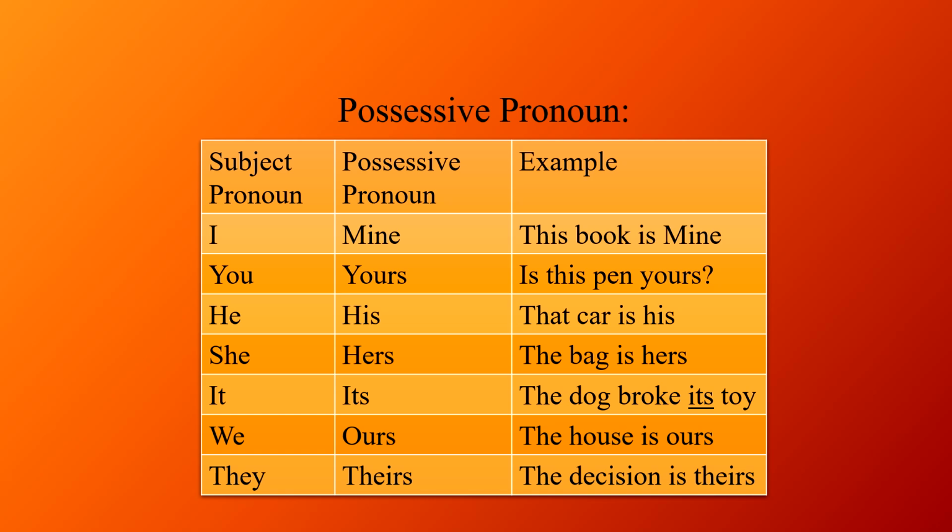For example, the dog broke its toy. Here, its acts as a possessive adjective which we will clarify next. Ours. Use ours when something belongs to us. For example, the house is ours. Theirs. Use theirs when something belongs to them. For example, the decision is theirs.